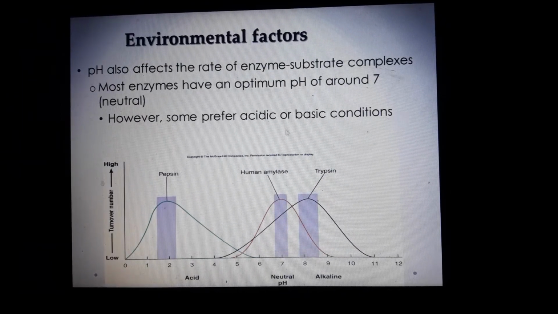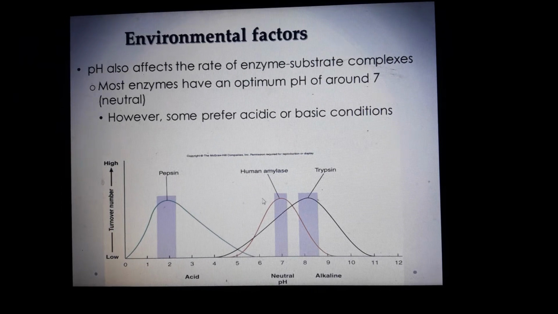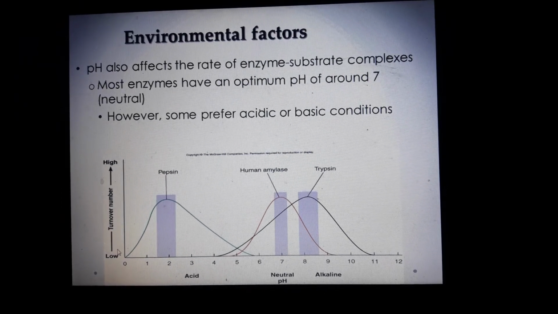Next, pH as an environmental factor. pH also affects the rate of enzyme substrate complex formation. Most enzymes have an optimum pH of 7. However, some prefer acidic or basic conditions. For example, pepsin is acidic because it is found in the stomach.